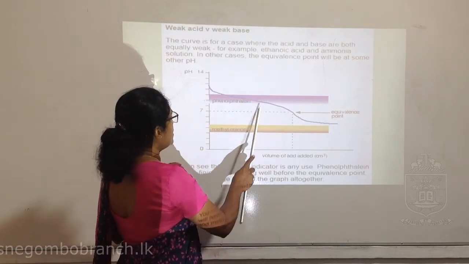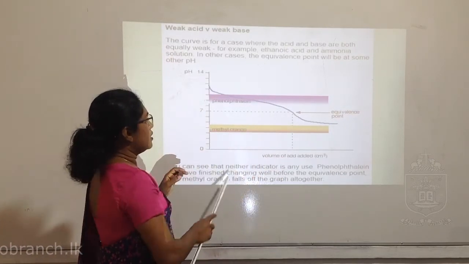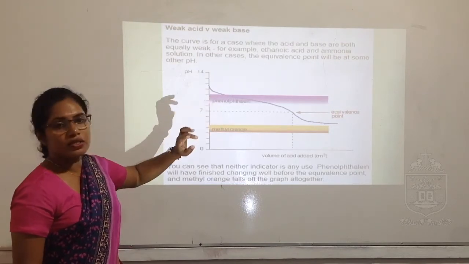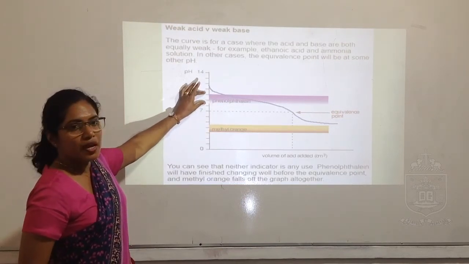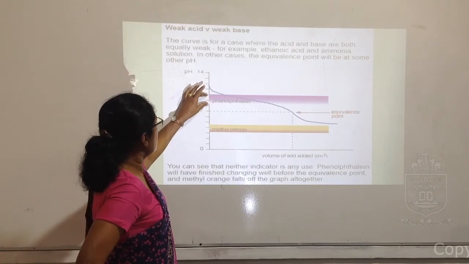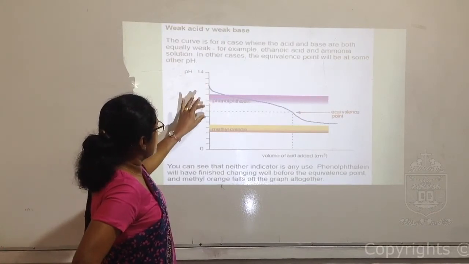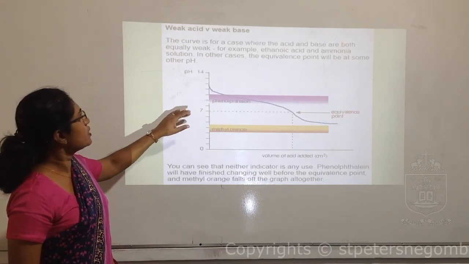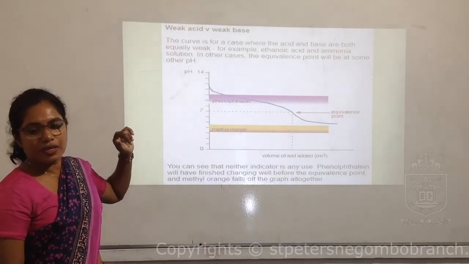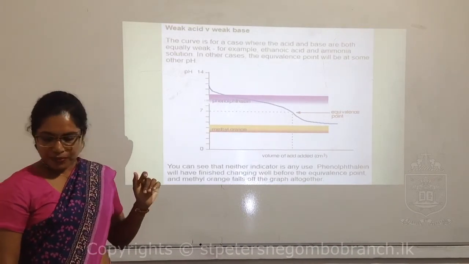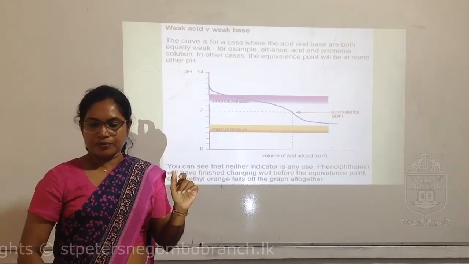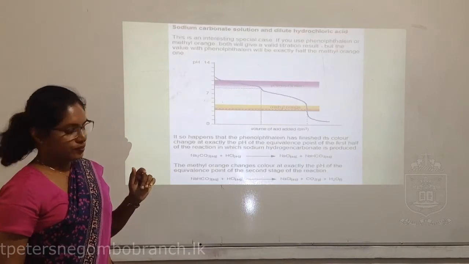But we cannot use either of these indicators to find this equivalence point because their pH ranges are not at the equivalence point of this weak acid and weak base titration.